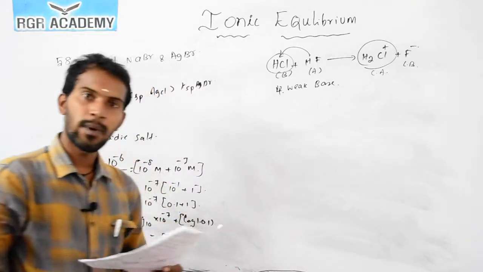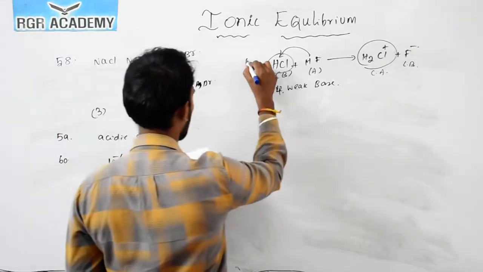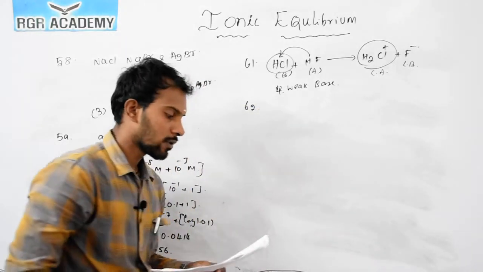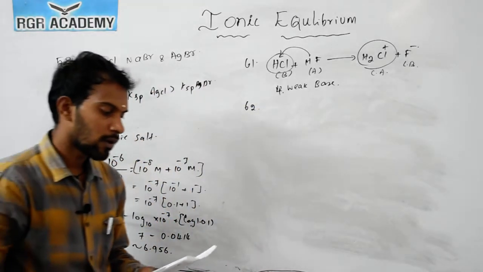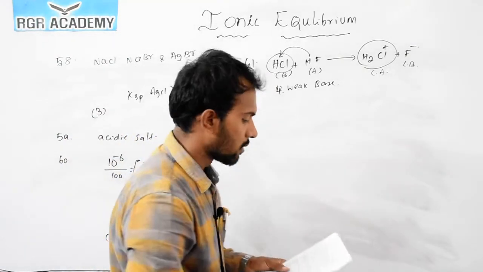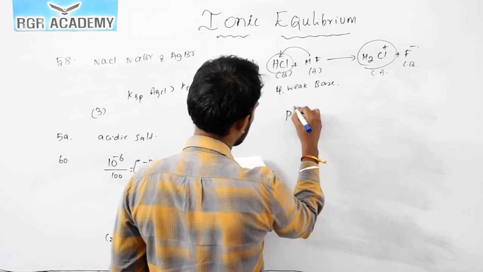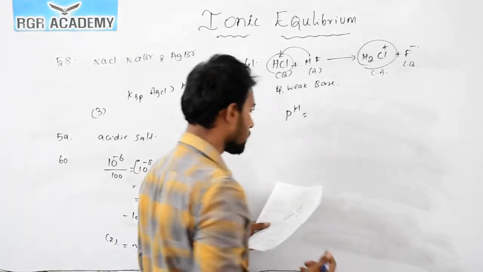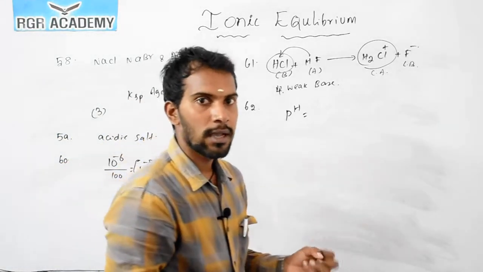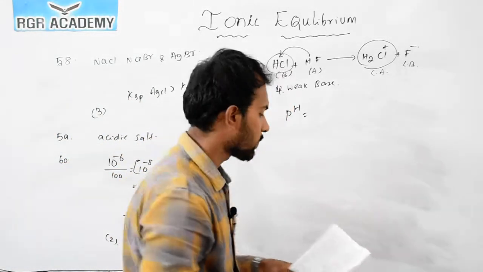Now the question number 62. Now see this one. The pH of a solution of 10 ml 1 normality acetic acid. So they have given salt, sodium acetate, and acetic acid. Sodium acetate is a salt, acetic acid is an acid. So what's the formula?